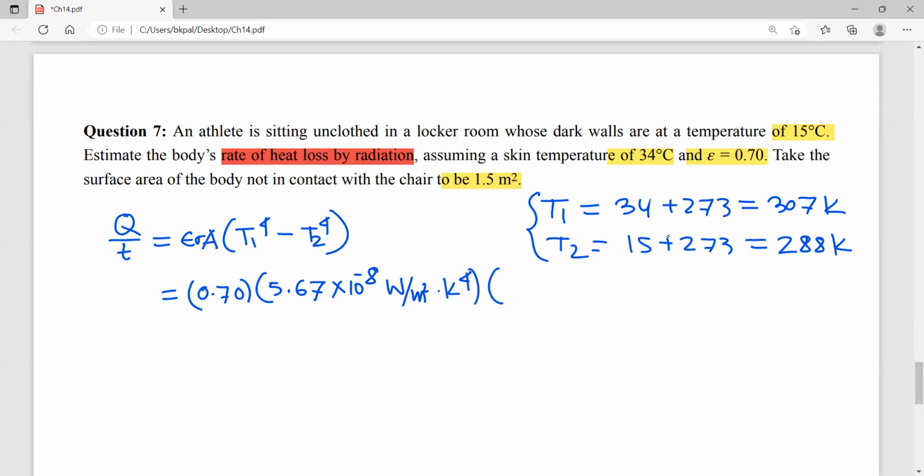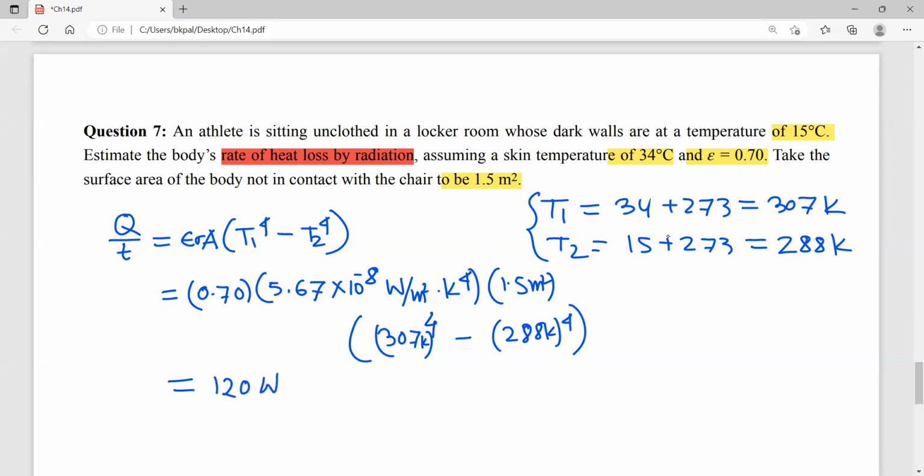Okay, the area of the athlete's body is 1.5 meters square, and then T1 is 307 Kelvin to the power 4 minus 288 Kelvin to the power 4. Okay, so if you plug all these values correctly, you should get a value equal to 120 watt. Okay, so the rate of heat loss from this athlete is 120 watt.